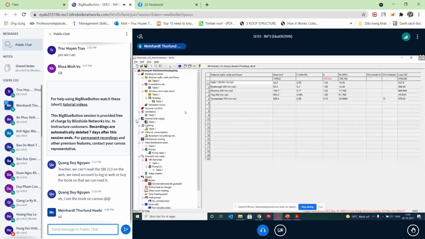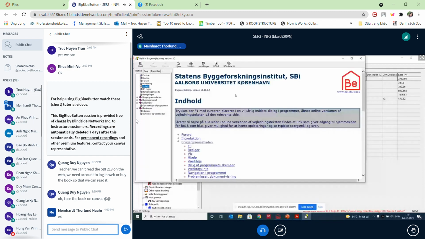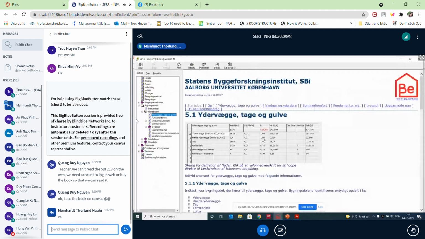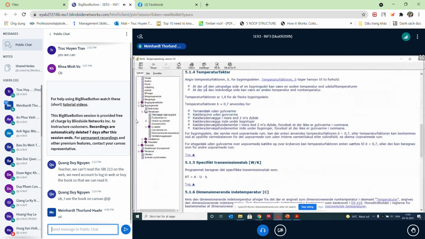But when you're actually doing the calculation, just press F1. No, not the question mark, it's F1. I think it's the help button. Yeah, help. So basically, if I go here and I want to know something about the U value or a temperature factor, I'll just press F1, and you can use this one and see the actual number.